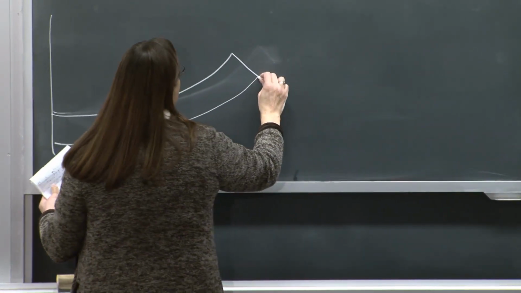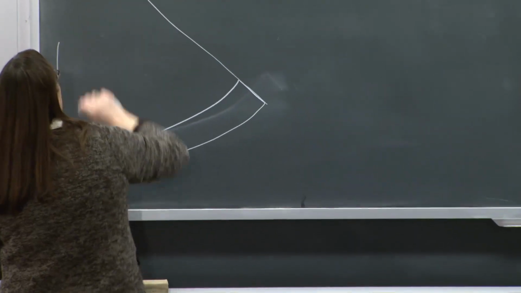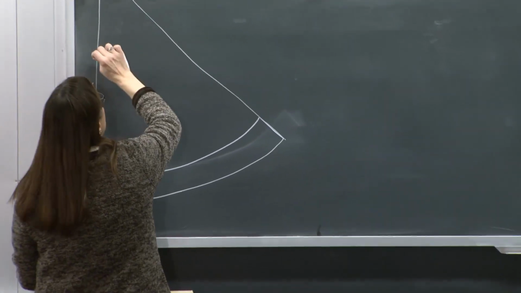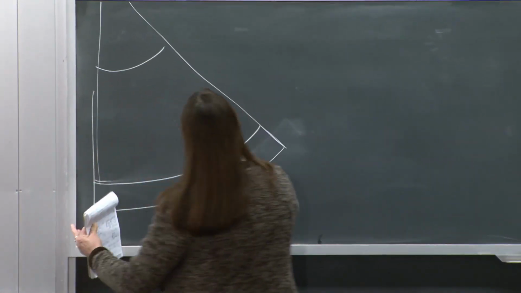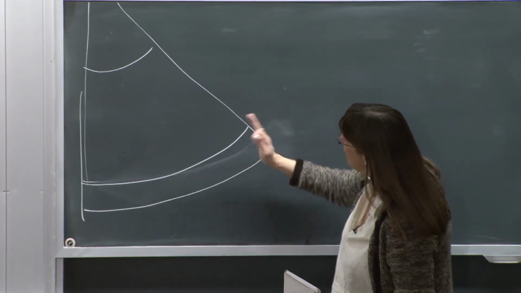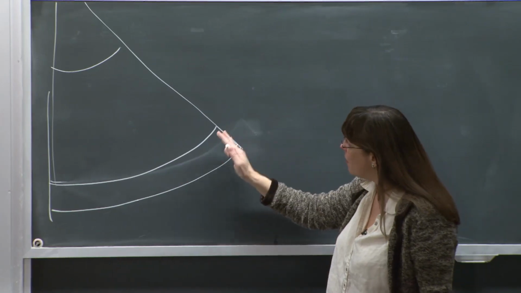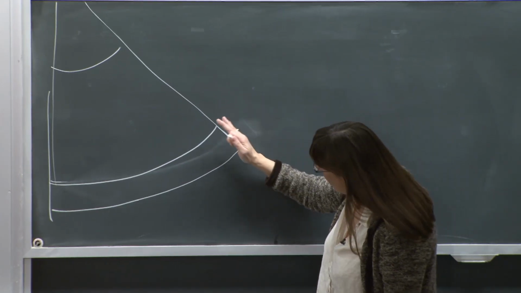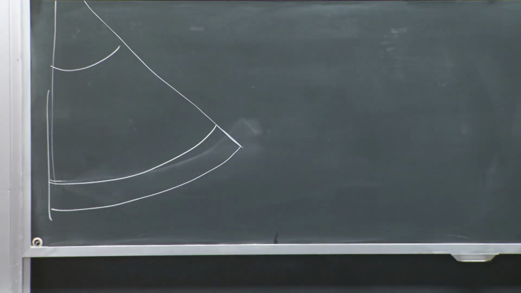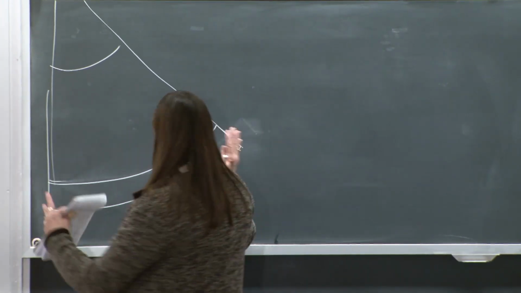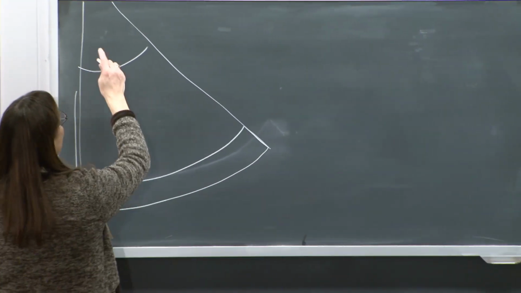So now the end of the beam has rotated, and this angle is our measure of deflection, of how much the end of the beam has changed with respect to the undeformed configuration.